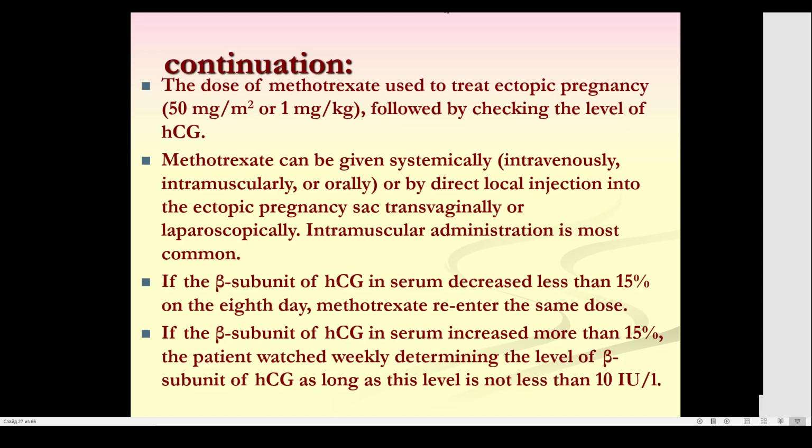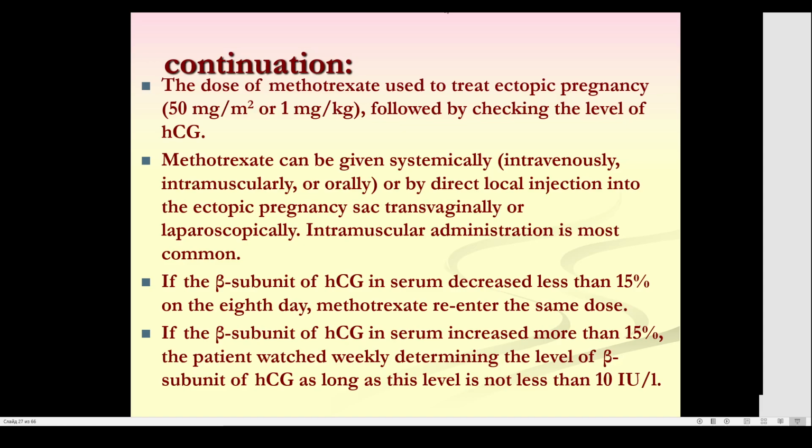Usually it's intravenously or intramuscularly, or by direct local injection into the ectopic pregnancy sac transvaginally or laparoscopically, and intramuscular administration is most common, and it's present in guidelines and recommendations.